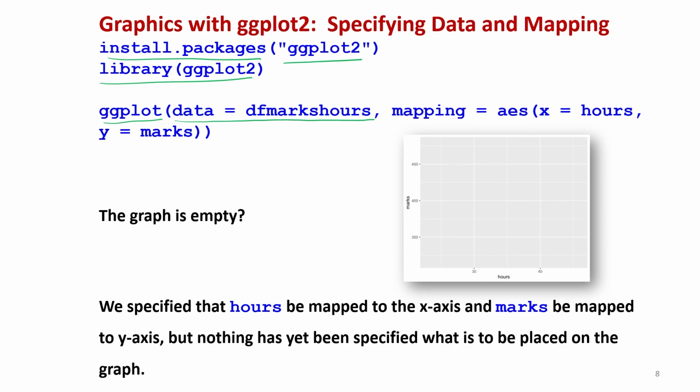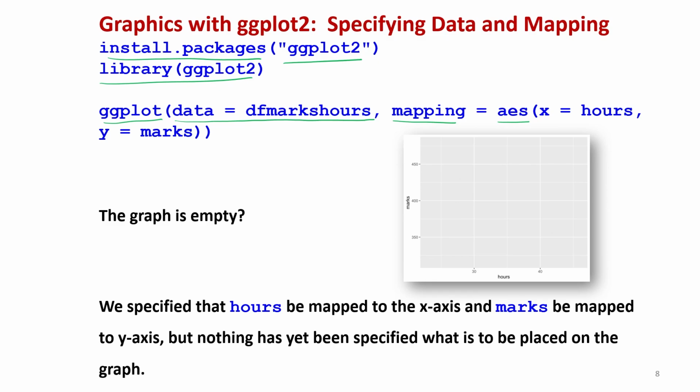For that, if you recall, in the last lecture we gave this command: mapping is equal to AES. AES is the function to give the aesthetics parameters to the graph. In the earlier lecture I used the concept that if in the XYZ data frame there are two columns, X data and Y data, which have to be specified on the X and Y axis, the same thing is happening here.